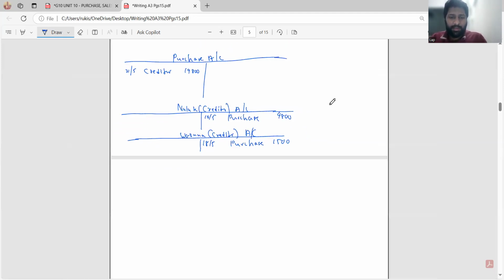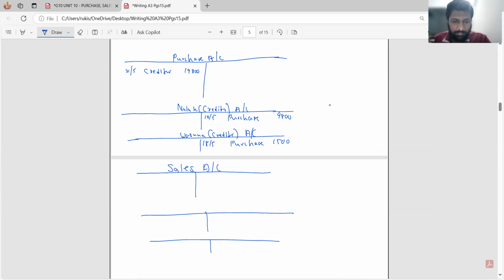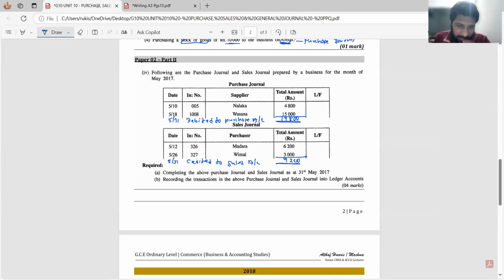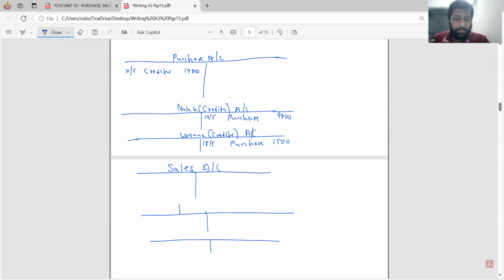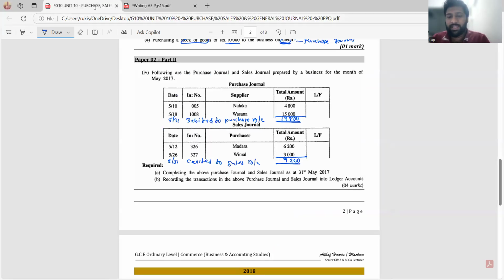Likewise, we can prepare the sales also. Sales account and the relevant debtor accounts. So who are the debtors? Madara and Vimala. Total amount will go to the sales account.